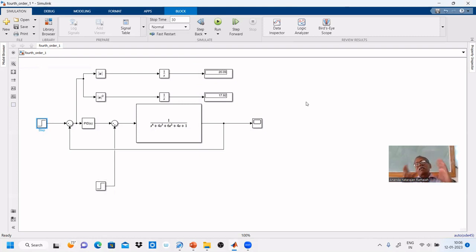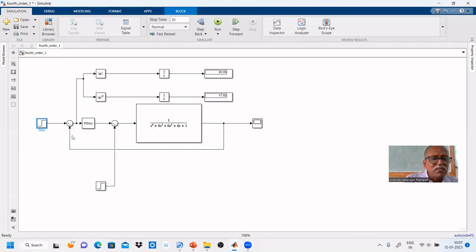Now, to compare two controllers, we are going to use the sustained oscillation method also, and we are going to simulate. Then we will compare two methods of tuning. So now we will tune the same process by using the sustained oscillation method.